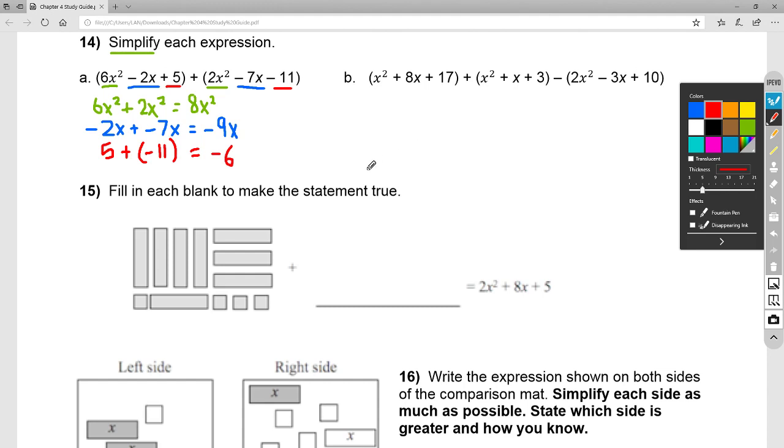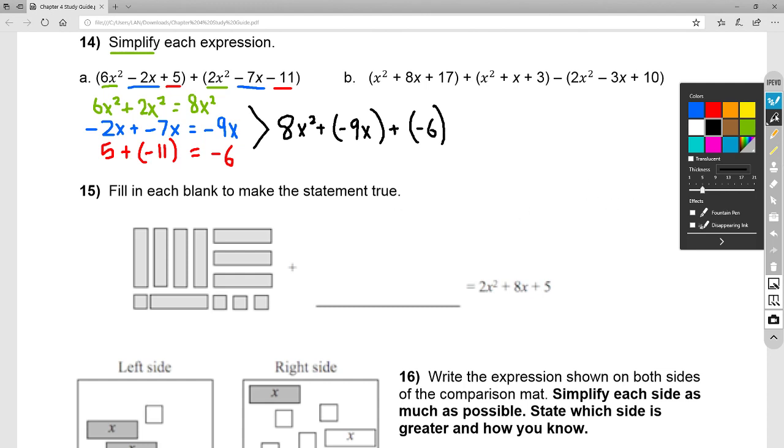So what I have here as the final expression would be 8x squared plus negative 9x. Remember, I'm just writing parentheses to separate my negative and my plus sign, and then plus my negative 6. Okay?